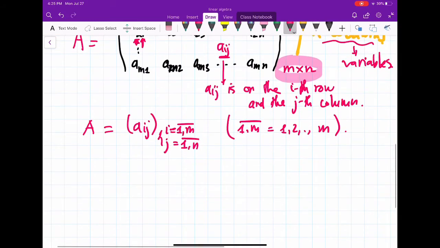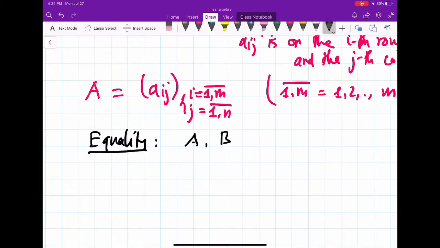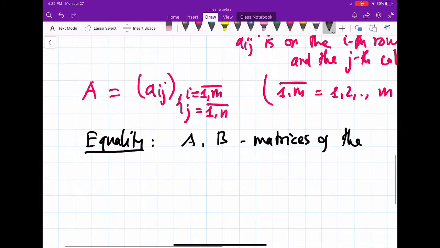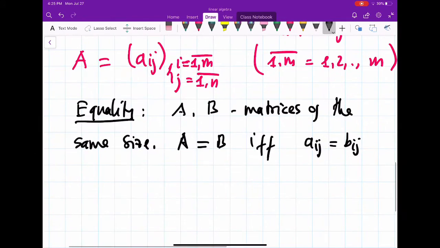Okay, so if you have two matrices A and B of the same size, A is equal to B if and only if Aij equals Bij for any i and j. All right, so that means corresponding entries are equal. That's it. It's pretty easy.